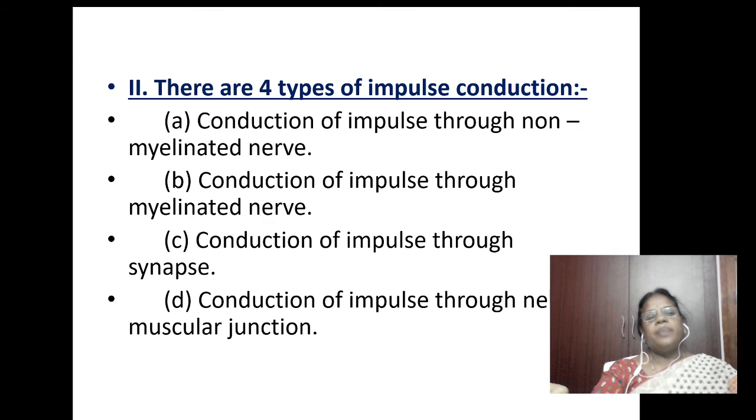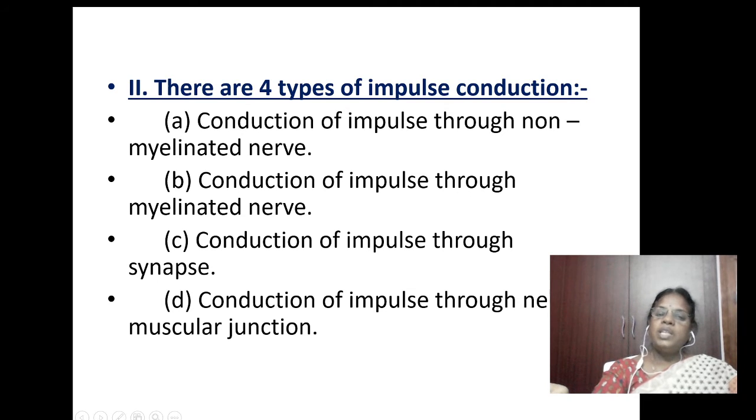There are 4 types of impulse conduction taking place in our body. They are conduction of impulse through non-myelinated or non-medullated nerve, conduction through myelinated nerve, and through the synapse. Synapse means from one neuron to the other neuron.